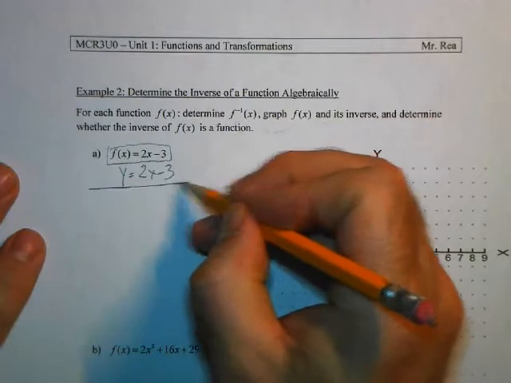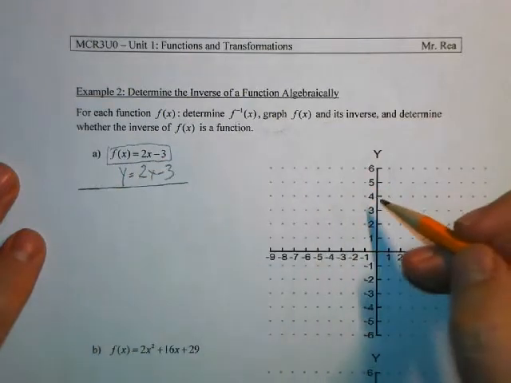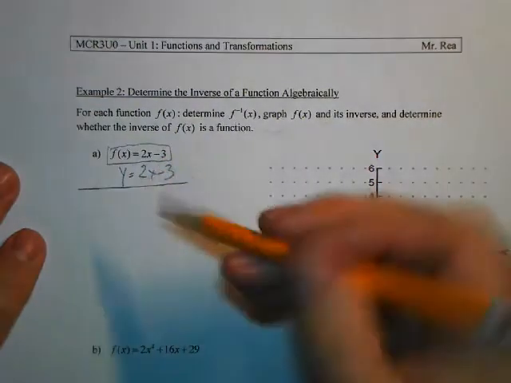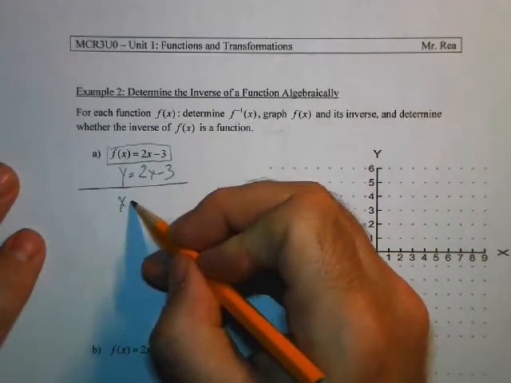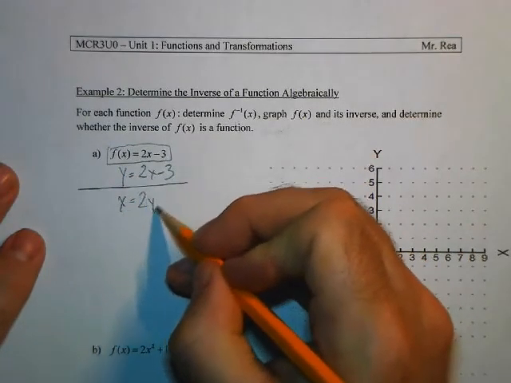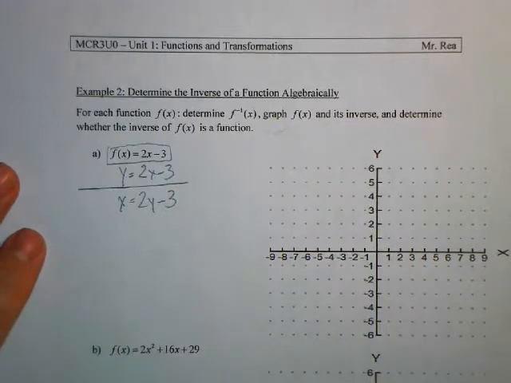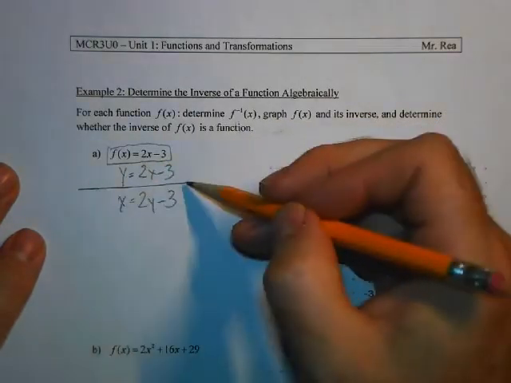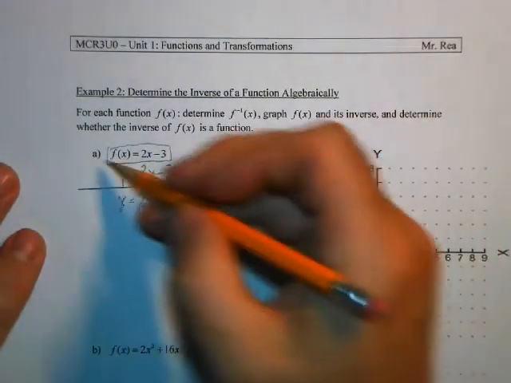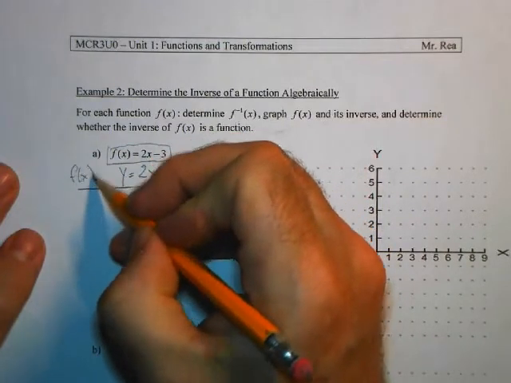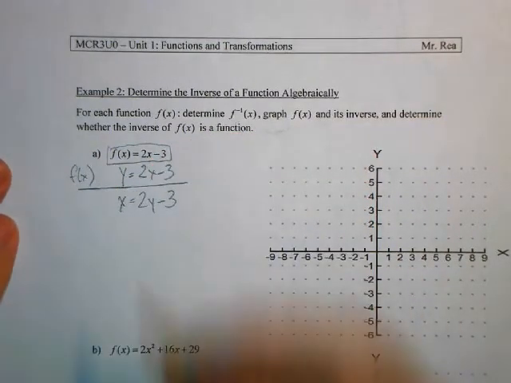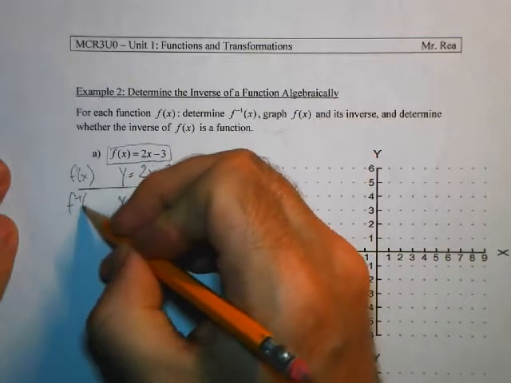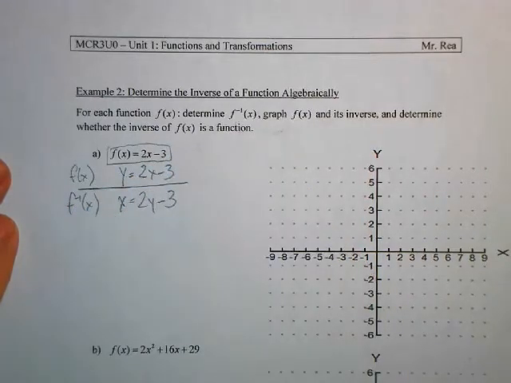So I'm going to draw a line here, and you'll see why in a sec. So now we're actually going to flip. So the y becomes x, and the x becomes y. Okay, now the reason for this line, as soon as I did that flip, well, above the line is f of x, the original equation, and below the line, once we flipped, that's the inverse, f inverse of x.